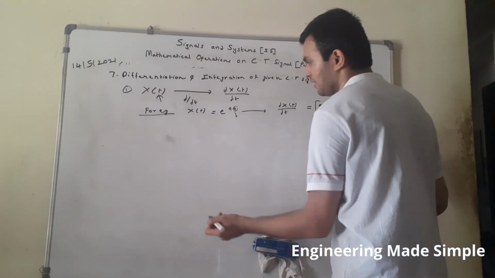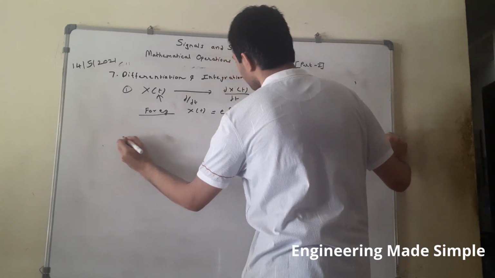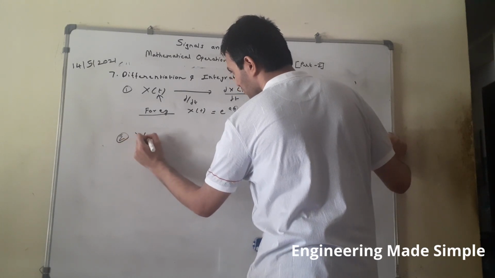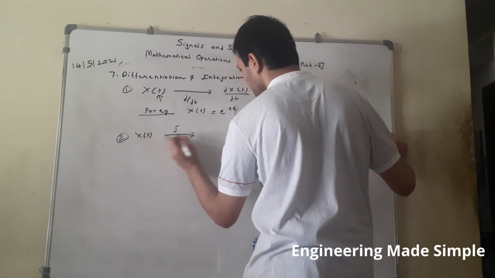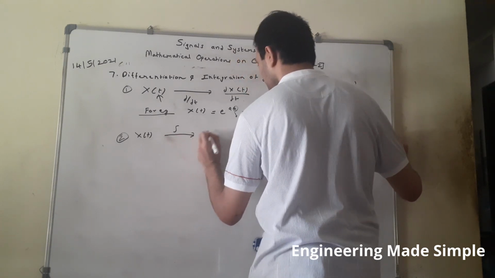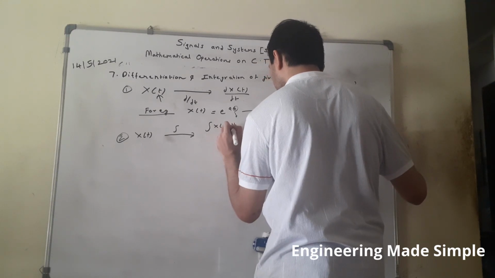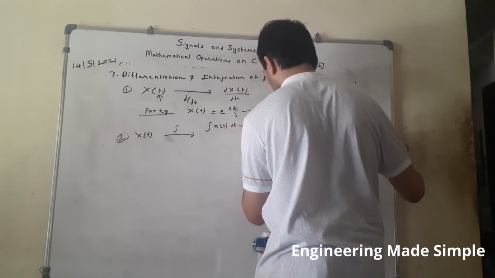Now the next mathematical operation is integration. If I have a given signal x of t and I am supposed to find its integration, then the integration of x of t with respect to dt will be the integrated version of x of t.